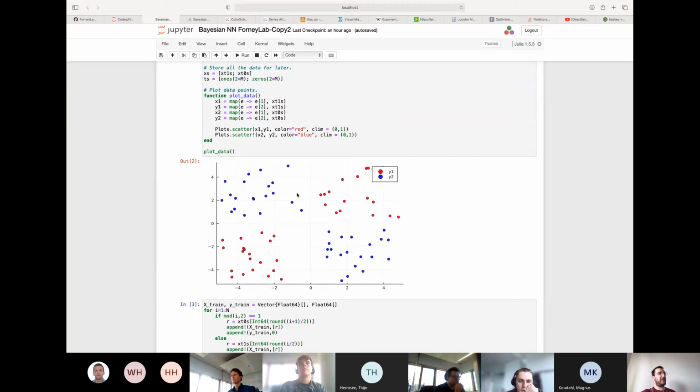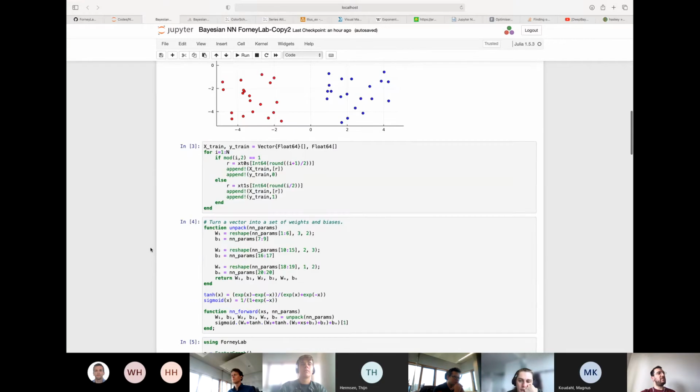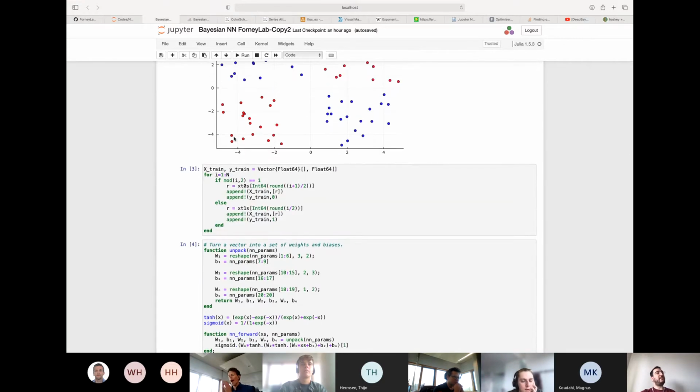In Turing's website, they also show a neural network training with their, I think, Hamiltonian Monte Carlo inference engine, and this is the example they use. So far, this is just splitting the data into the features and the class information.